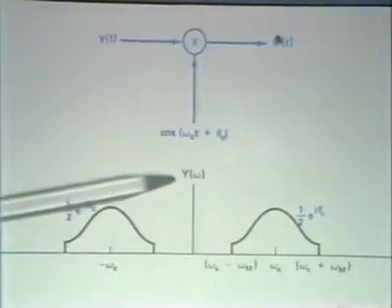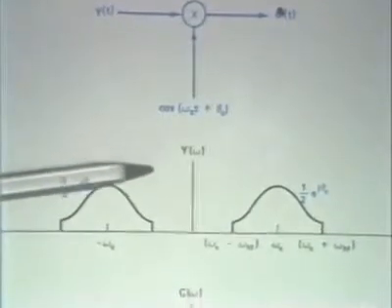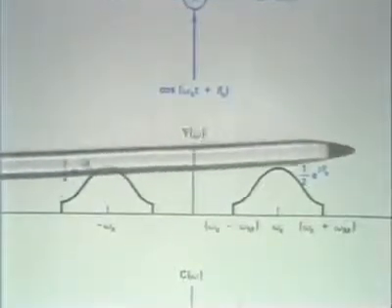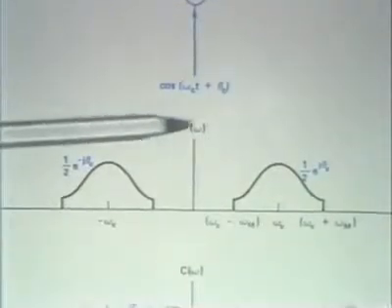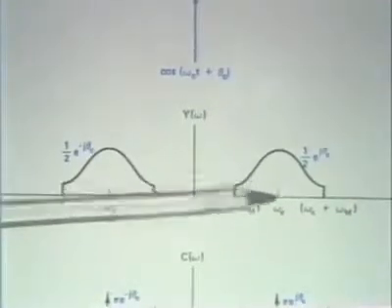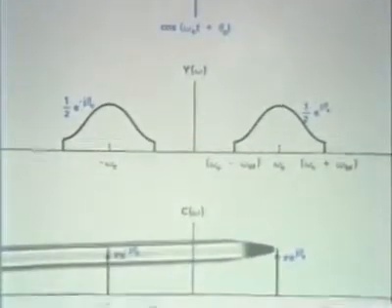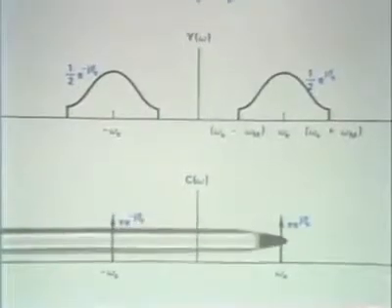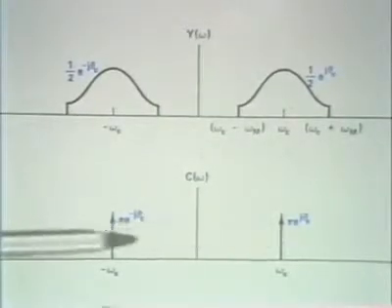If we look at the spectra, we have the modulated spectrum, which we had initially, and we now want to convolve that again with the spectrum of the carrier signal.